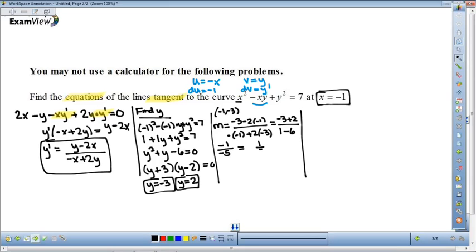So my first slope is going to be 1/5. So my equation of my tangent line is going to be y plus 3 is equal to 1/5 times (x plus 1). And I'm just going to go ahead and leave it in point slope form.